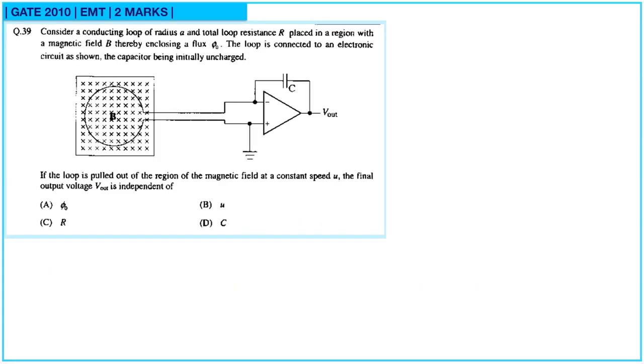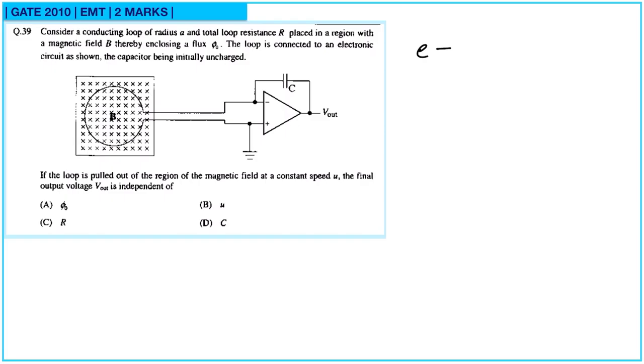Next question. Consider a conducting loop of radius a and a total loop resistance capital R placed in a region with a magnetic field B, thereby enclosing a flux phi naught. The loop is connected to an electronic circuit as shown, the capacitor being initially uncharged. If the loop is pulled out of the region of the magnetic field at a constant speed u, the final output voltage Vout is independent of.